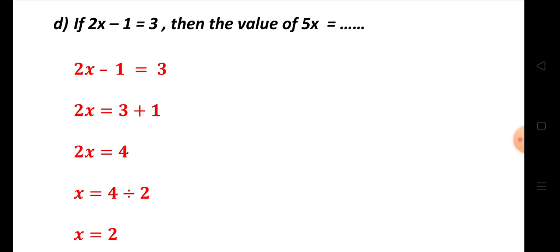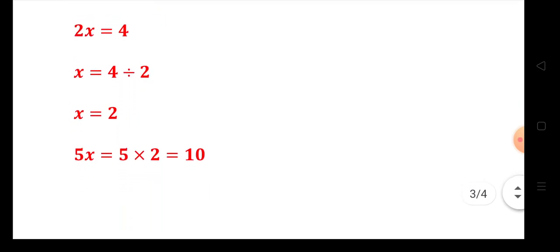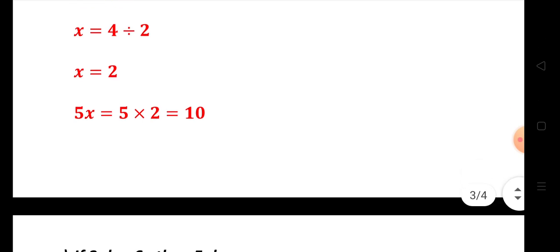So the equation will be 2x equals 4. After that, I will divide it by 2. So the value of x equals 2. He asked me about what? He asked me about 5x. So 5x means what? 5 times x. So I will write 5 times the value of x, which equals 2, equals 10.